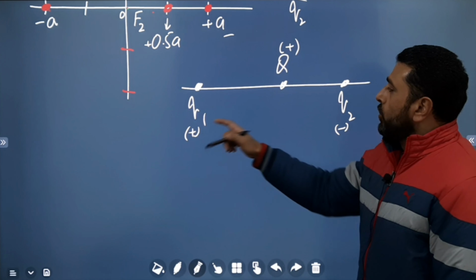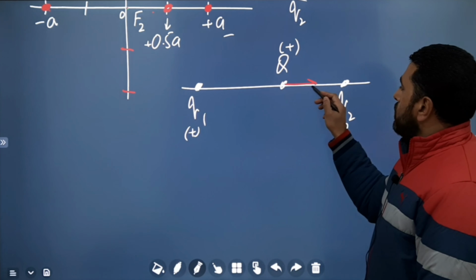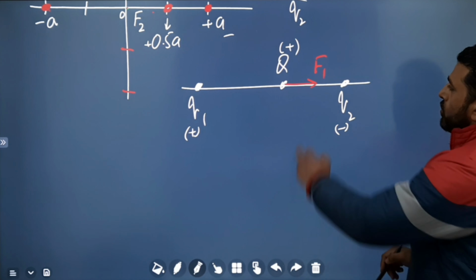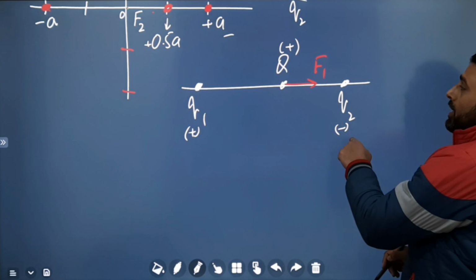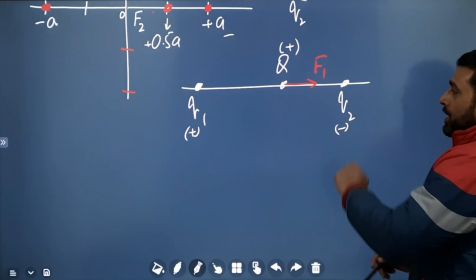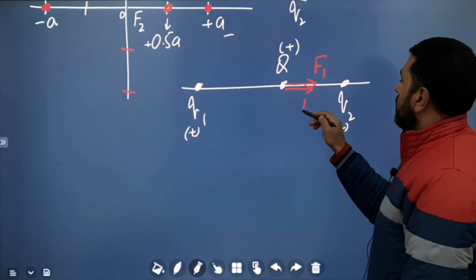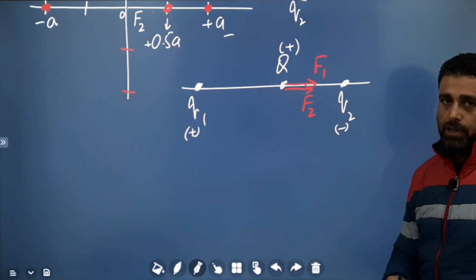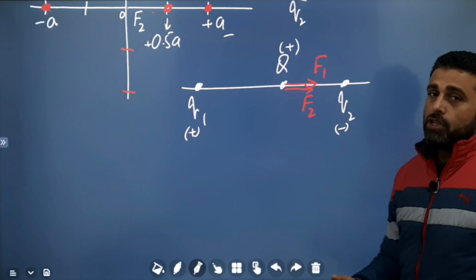Then the force on capital Q due to q1 will be repulsive. So F1 will be in this direction, away from q1. The force on capital Q due to q2 will be attractive because this is positive, this is negative. So attractive, F2, both the forces are in the same direction. So net force can't be 0.